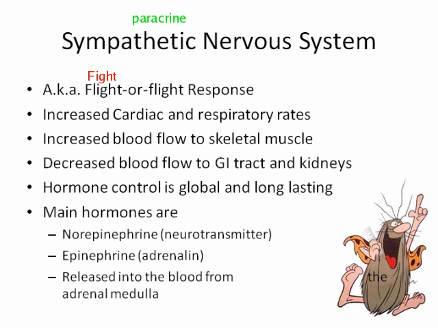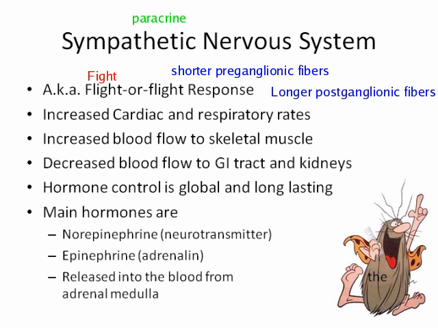One thing that I will say in addition with the sympathetic nervous system, and that is that the sympathetic nervous system tends to have shorter preganglionic fibers, and therefore it's going to have longer postganglionic fibers.